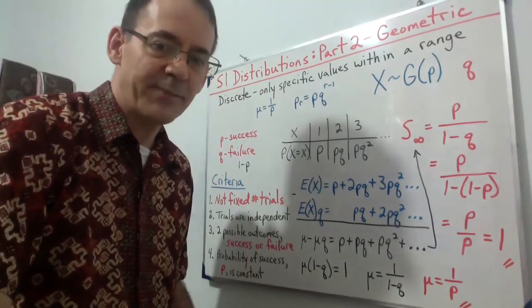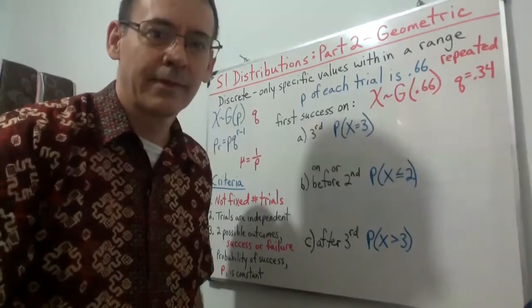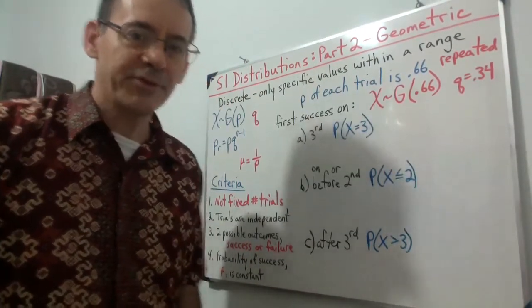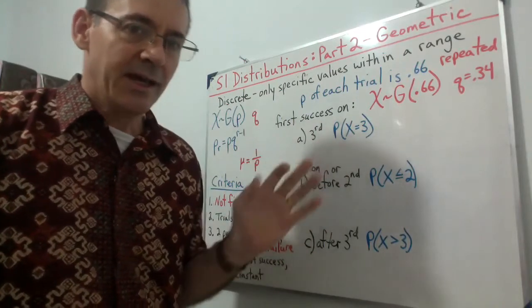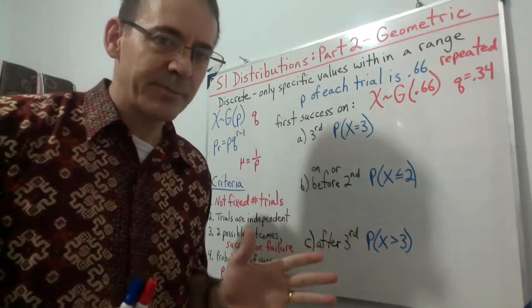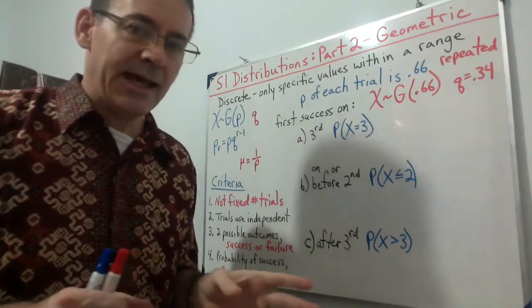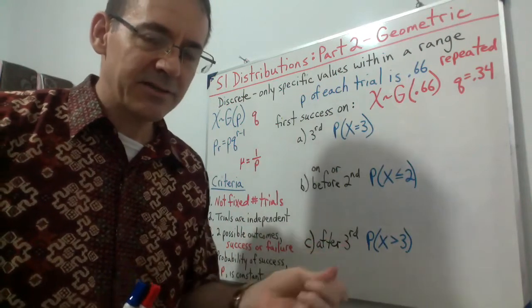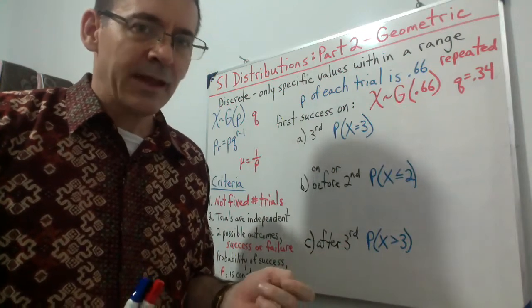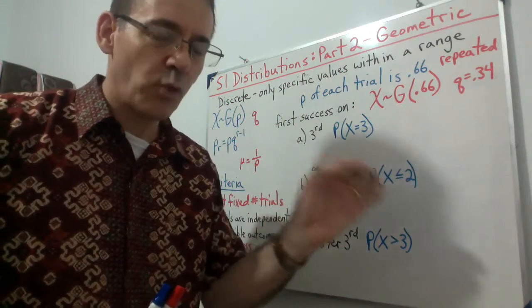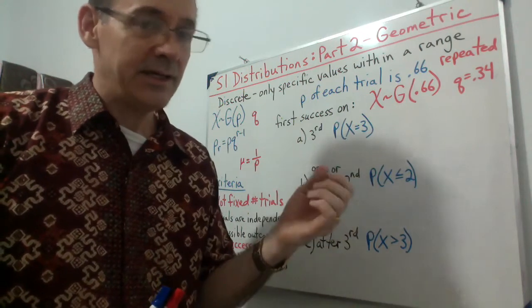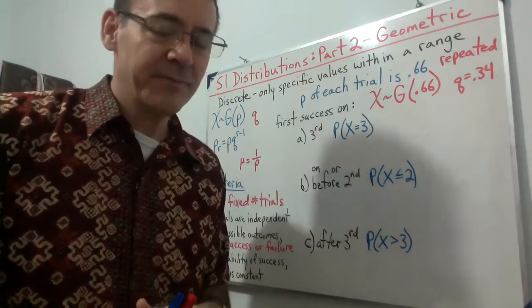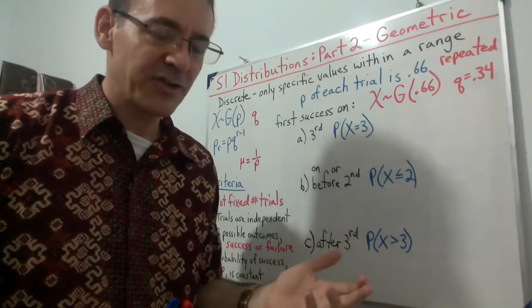So let me set up for our first example. For our examples, because this is new material in the new syllabus, I don't have any past papers to draw from yet. And I did look at the specimen paper. There is a part of one question that could use the geometric, but there's actually an easier way to solve it.